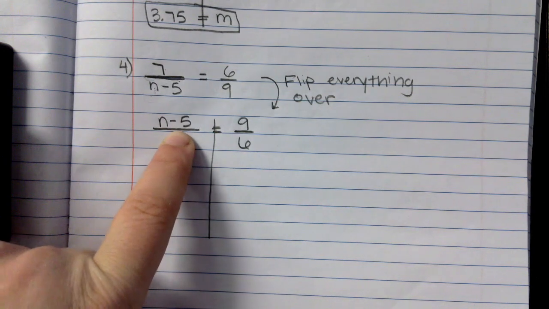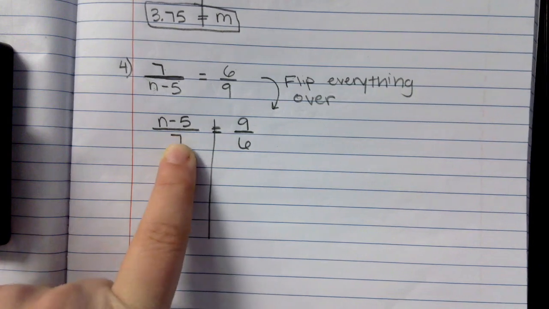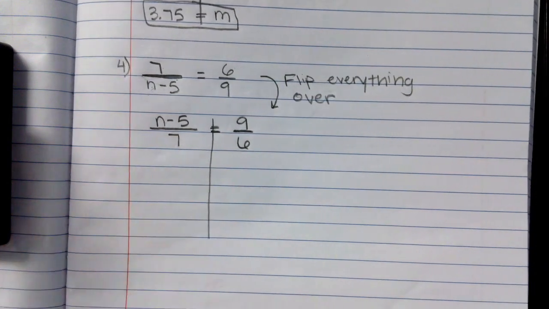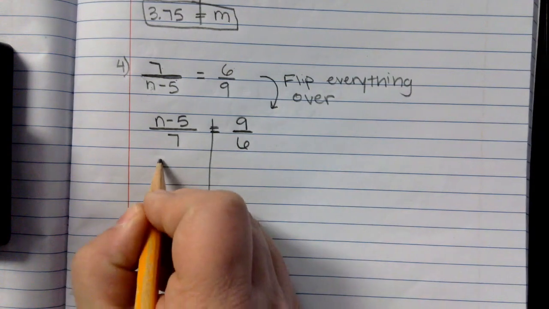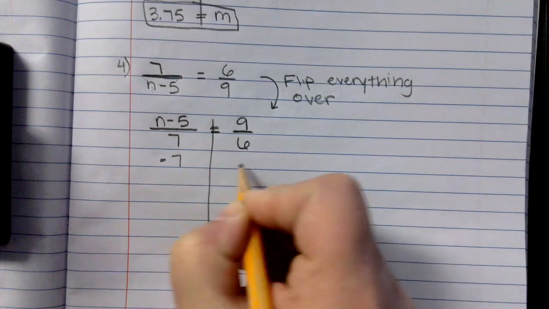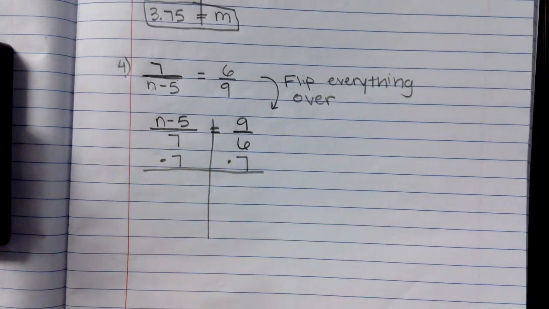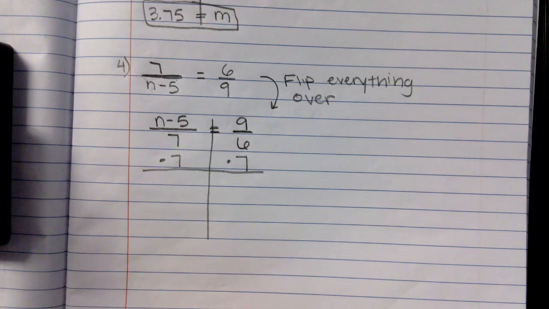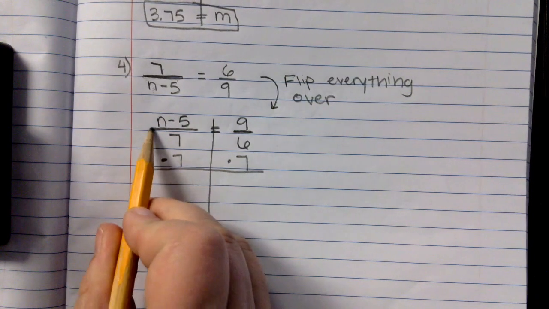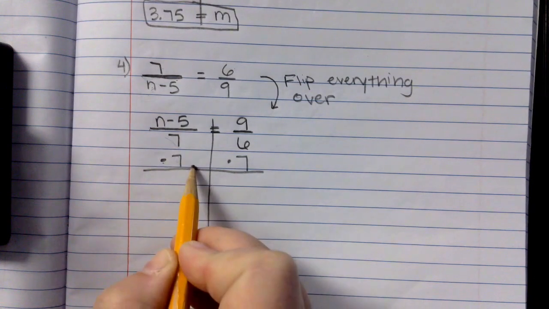Now, sometimes in our brains, we look at this 7 and 7 and we're like, oh, we're doing that. We see a divide, and we're undoing the divide with multiply, so that gets rid of the 7 altogether. So we're left with n minus 5 equals, and I'm going to throw that into my calculator, 9 divided by 6 times 7.